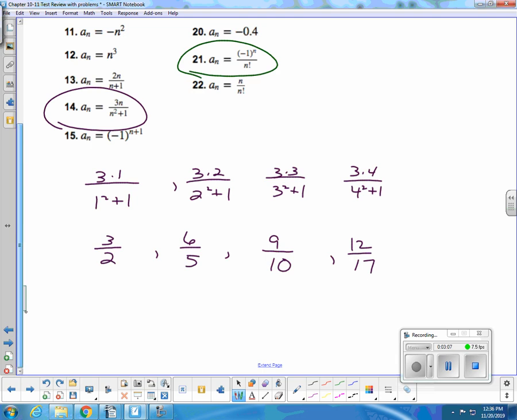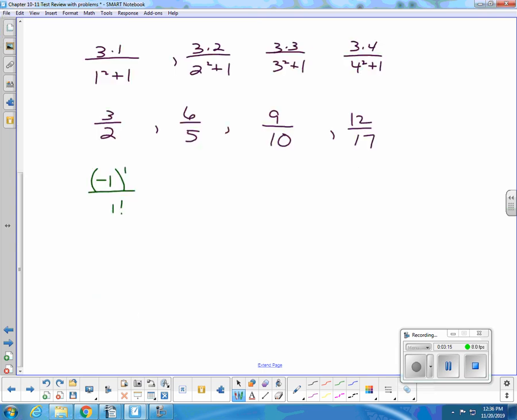Okay. Second question. So you're going to do -1 to the first over 1 factorial. Well, that's just -1 over 1, so it's -1. Remember, when you have the -1 to a power, that's just going to make your terms alternate: positive, negative, positive, negative.